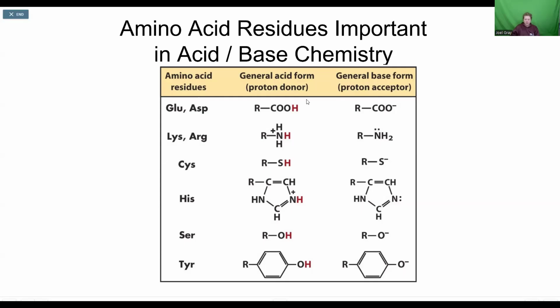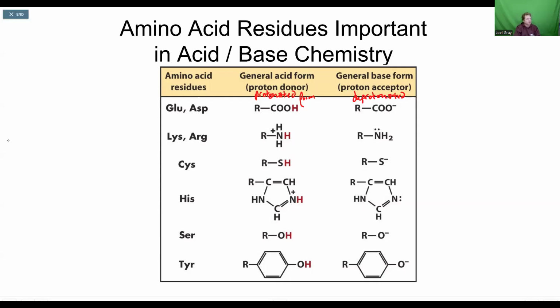Now, think about this as your protonated form versus deprotonated. Your protonated form is the form of the amino acid whenever your pH is below the pKa. Your deprotonated form is whenever your pH is above your pKa.